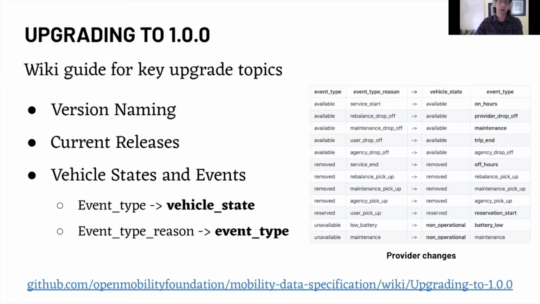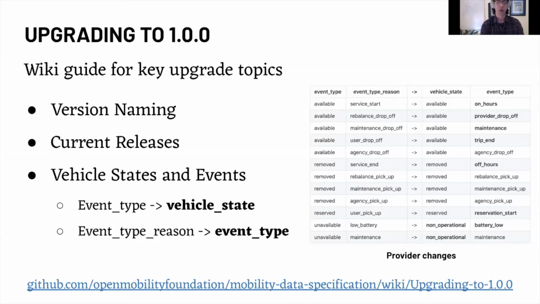And then this is, I think, the last thing I'm going to talk about now, which is how to upgrade. So we do have a wiki page. It's off of our main wiki. You can find it there on the MDS repo. But it's a guide for key upgrade topics that you might be interested in, kind of an FAQ for upgrading. It includes some of the information I just mentioned on version naming, what's a current release, what's not, and then vehicle states and events. So this is where the APIs have been reconciled name-wise.